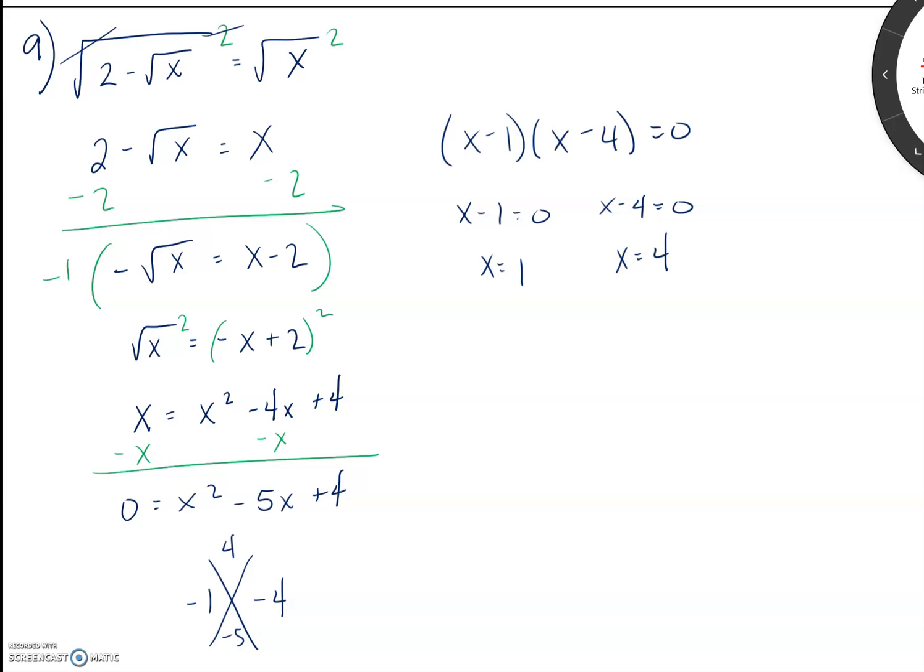Check to see if any of them are extraneous. Square root of 1 is 1. 2 minus 1 is 1. So that's a solution.